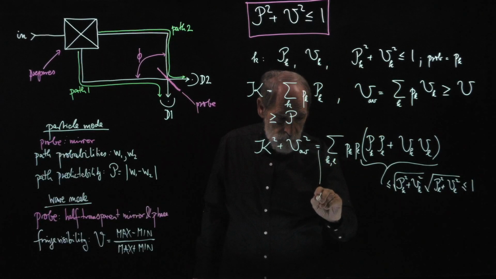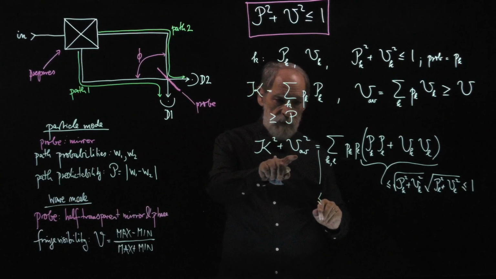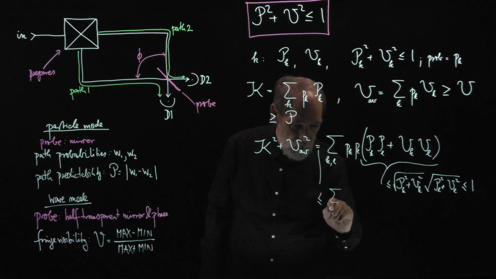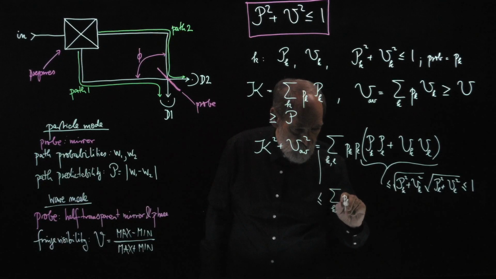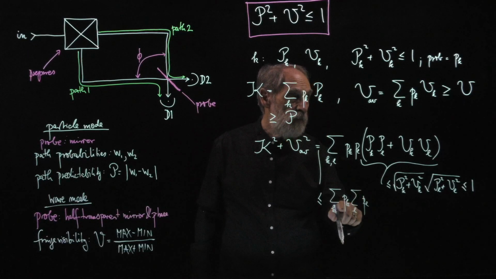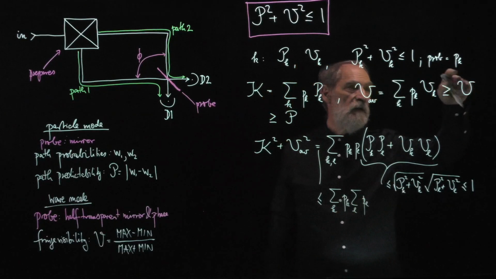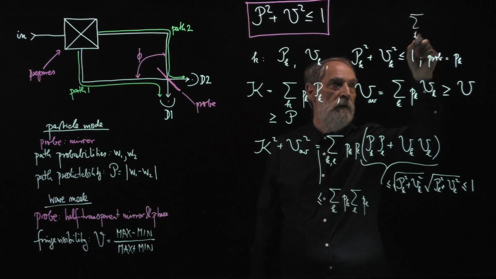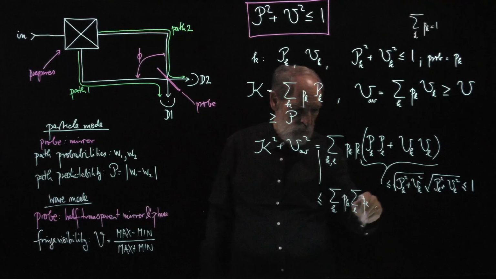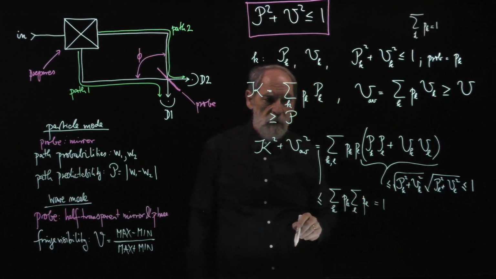So we have now found that K squared plus V average squared is less than the sum over k of pk times the sum over l of pl. But of course, these probabilities add up to 1. And so we have 1 times 1, which is equal to 1.